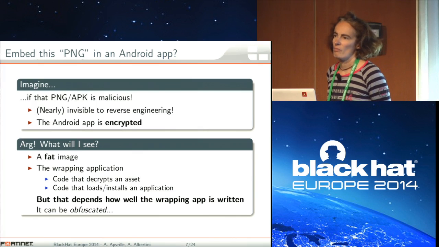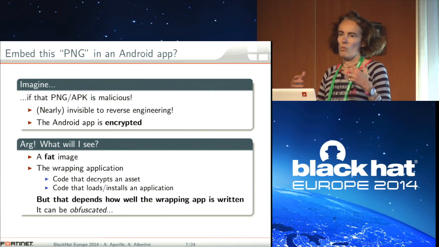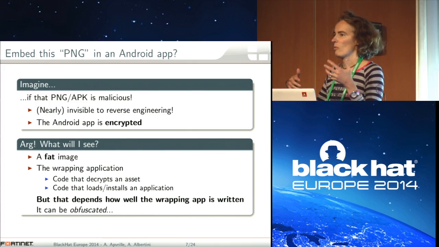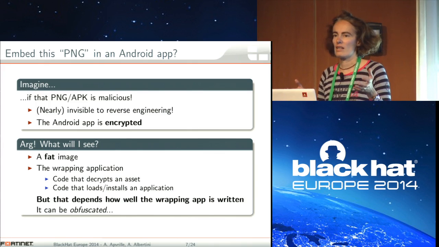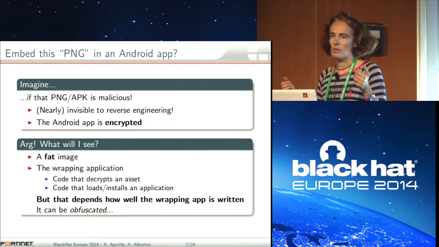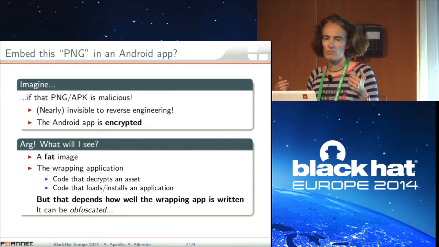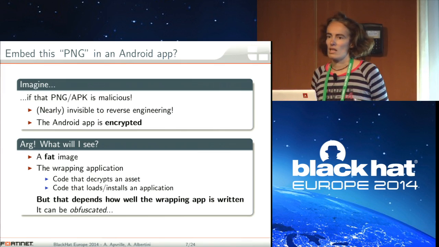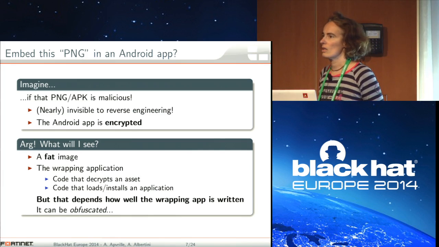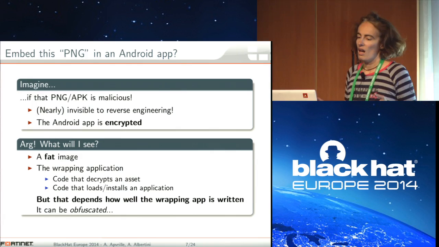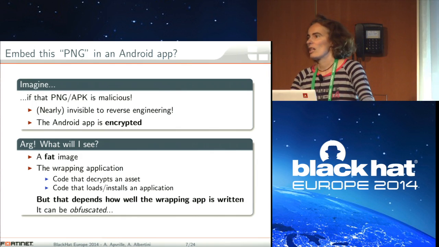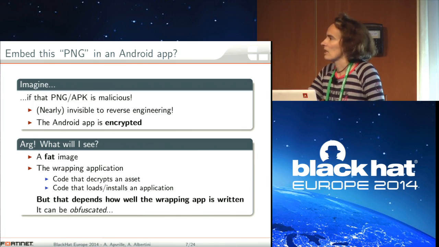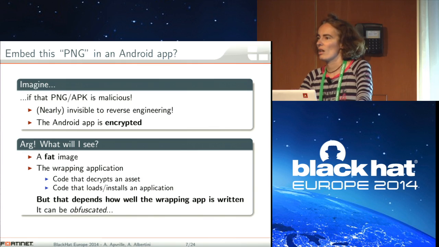That's a perfect way to do it, because whatever API call to Android or to Dalvik, or the text headers, everything will be invisible because it's encrypted. So you don't see anything at all. You don't see that there's an application, you don't see the resources, you don't see the assets, you don't see much except a picture.